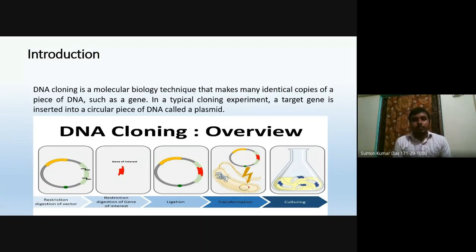Mainly, DNA cloning is a biological technique, and the main purpose of this technique is to insert our desired DNA gene in a particular vector. Then the vector is inserted in the bacterium cell. Then the bacterium culture, and then finally we get our desired product. In my overall presentation, I try to explain this gradually.